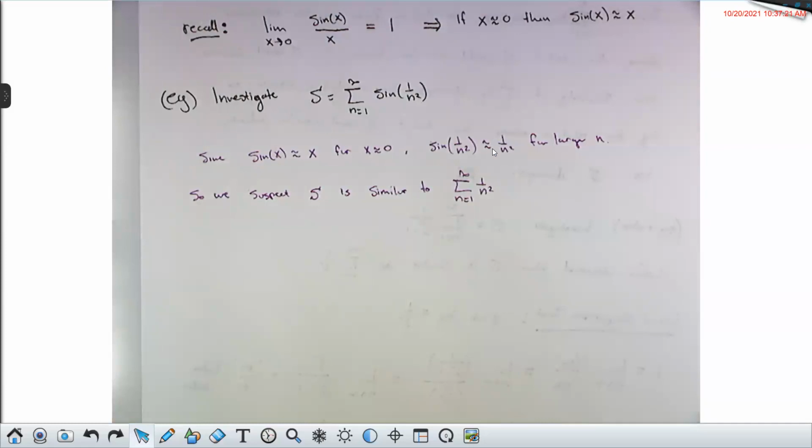Like I said at the start, this is a problem that's very, very hard if you don't know what to do. That's why I'm showing it to you here. And the trick is this fact: sine x is very close to x if x is a small number. So if I want to run the appropriate test here, you could try the test for divergence.